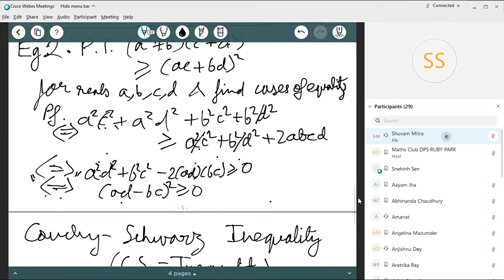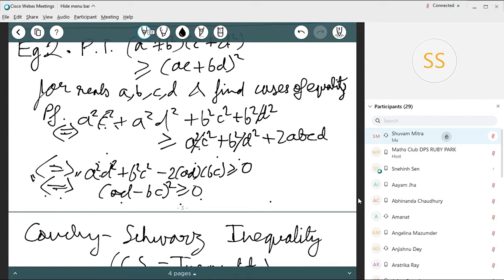Then cancellation of terms, treating them as constants and equalities, you get a square. And that's basically the proof. Well, you need to write it a bit properly. As I said, you first need to write: given a, b, c, d are reals, showing this inequality is equivalent to showing that this inequality is true, and then you show how these two inequalities are equivalent using these steps.